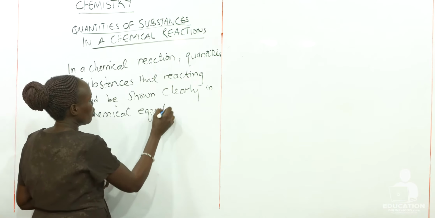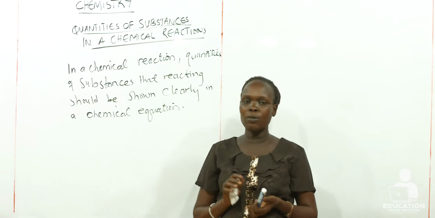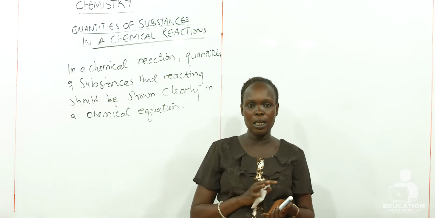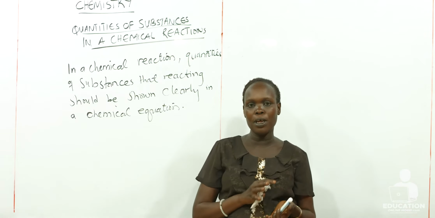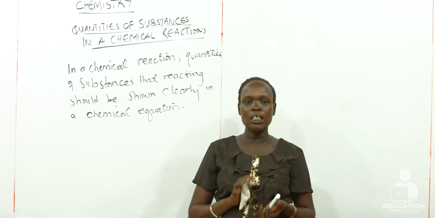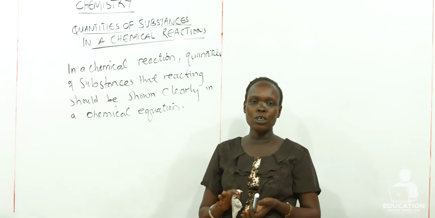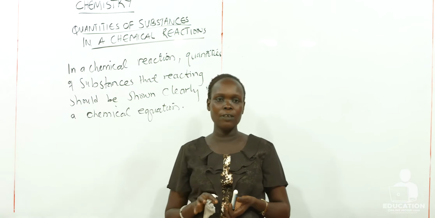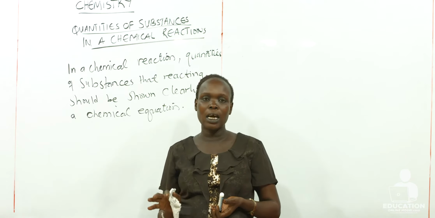So here we are saying that any chemical reaction is represented by a chemical equation, and a chemical equation shows clearly the quantities of the substances that are reacting. It means the proportion of the amount of the substances that are reacting together that give the product. And also we have to know the relative amount of substance that is being formed.